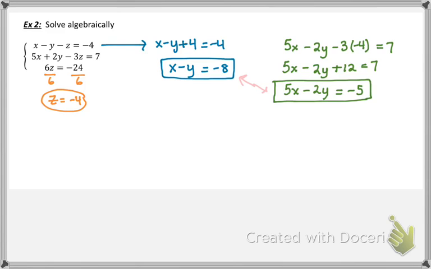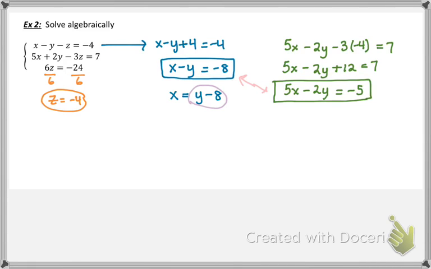So we could do substitution or elimination, entirely up to you. If we want to do substitution, we can get the x by itself in the first equation by adding y to both sides. So I'm going to have x equals y minus 8. And then I can substitute.